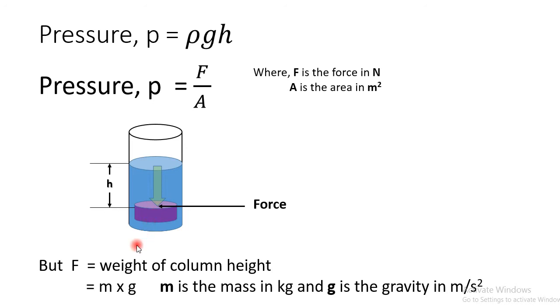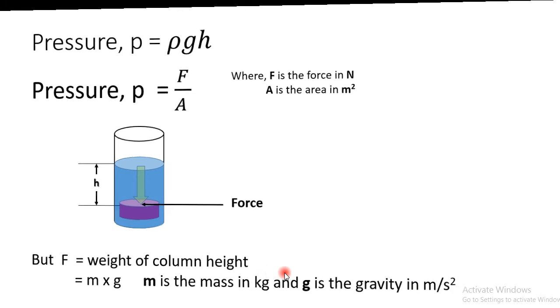Since F is equal to the weight, weight is equal to mass times acceleration due to gravity, where m is the mass of the water in kilograms, and g is the gravity in meters per second squared.